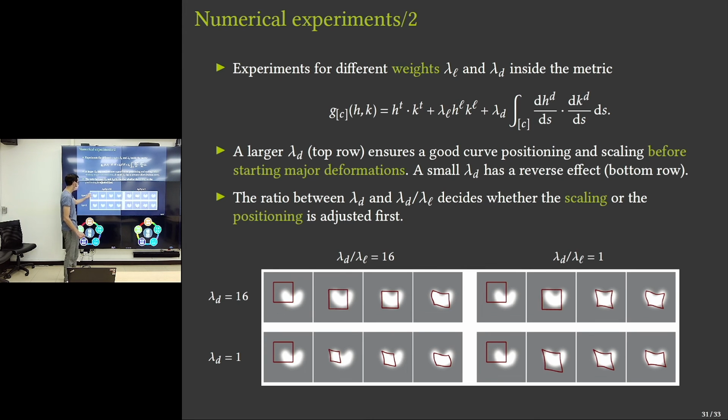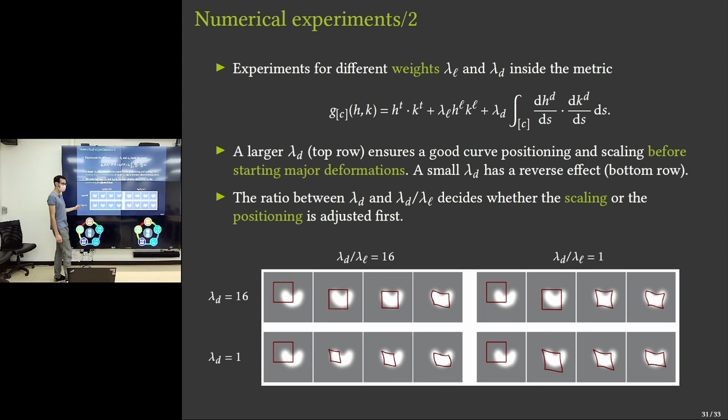As you can see, this is a square. I think they are not successive iterations, but this is a square at the beginning, and here is still a square, here is still a square. So this does the positioning and scaling first, this top row, with a big lambda d.